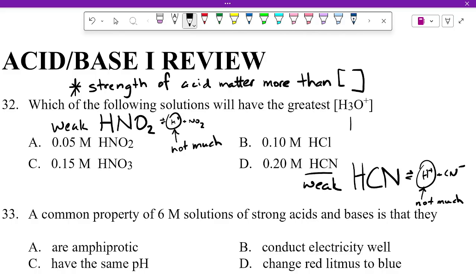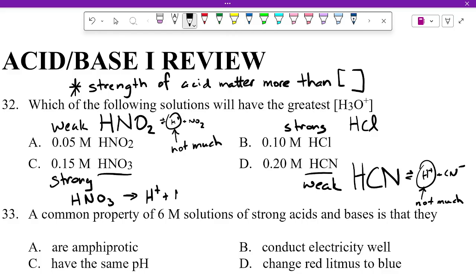Now HCl is strong. HNO3 is also strong. So HNO3 goes to H+ and NO3-. This one goes to H+ and Cl-.